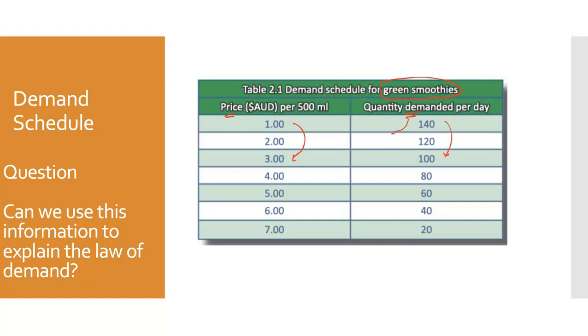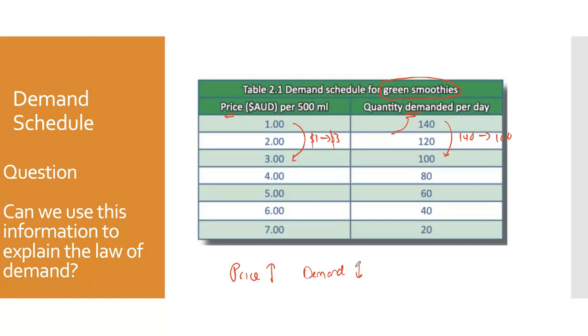So as the price has gone from $1 to $3, the quantity demanded has gone from 140 to 100. So we can start to see that we have an inverse relationship. As price has increased, demand for the smoothies has decreased.